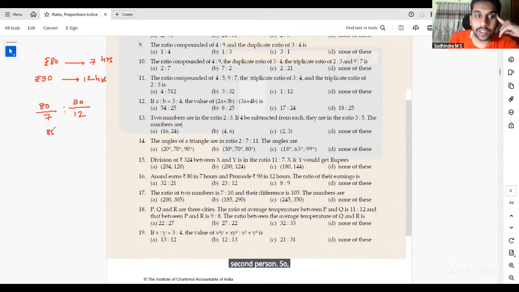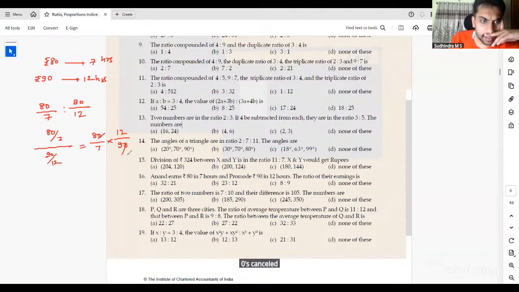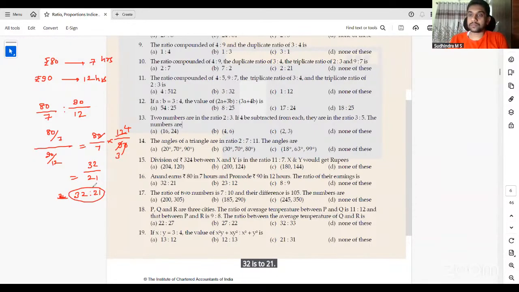Simplifying, we get 80 by 7 into 12 by 90, zeros cancelled. 8 4s are 32, 7 3s are 21, so 32 by 21, or 32 is to 21. That's how we get it.